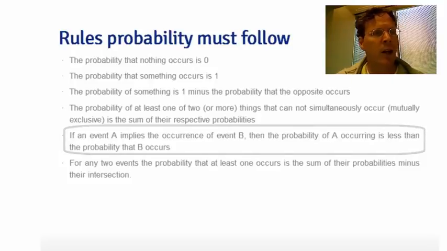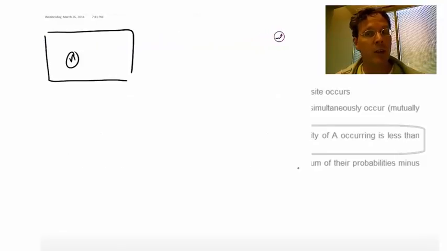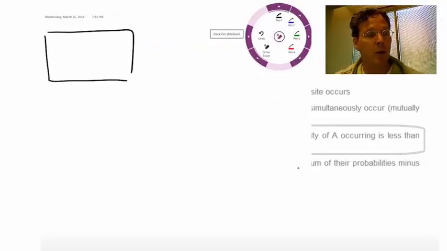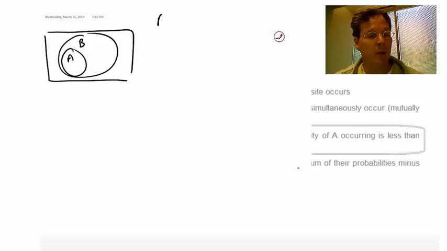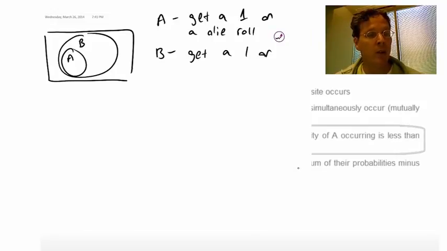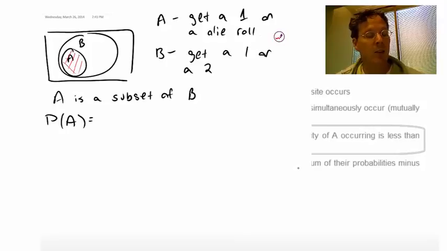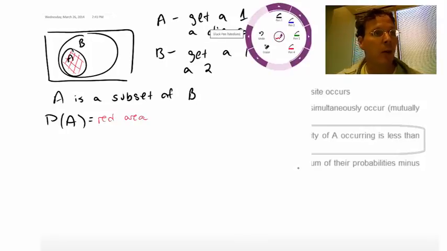This is kind of a tongue twister to say, and it seems a little bit conceptually hard. However, if we draw a Venn diagram, it becomes very simple. The event A lives inside of the event B. So when we talk about the probability of A, we talk about a number assigned to this circle, A. And when we talk about B, we talk about the probability assigned to this circle that includes the area of A. So it would make sense that the probability of B was larger than the probability of A.